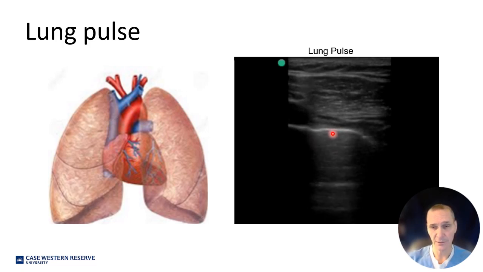This is only going to be found generally on the left side, but it takes an inflated lung to transmit the movement of the heart up here. So if you see lung pulse, this is also telling you that that area that you're looking at is up and there is no pneumothorax there.